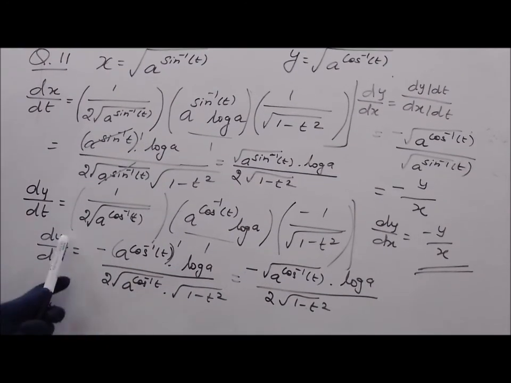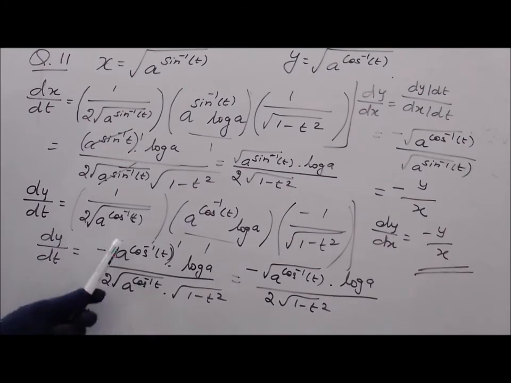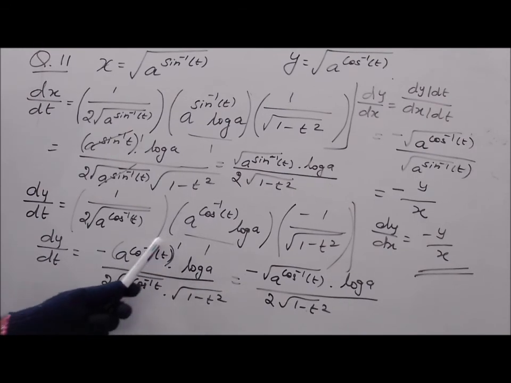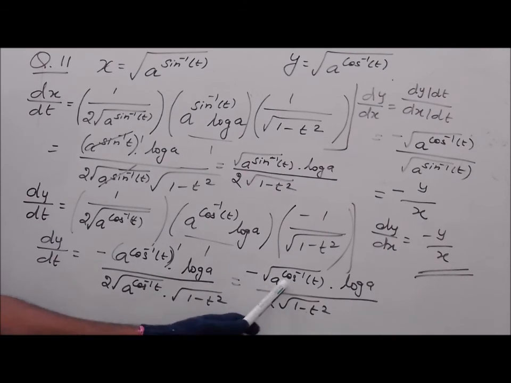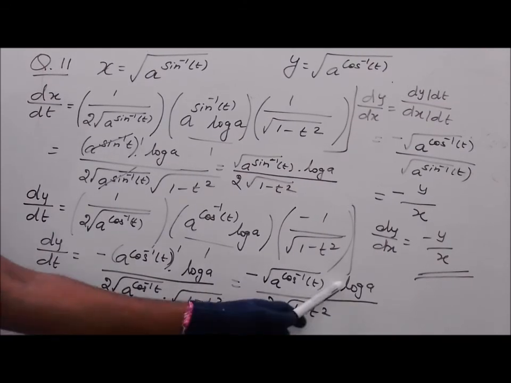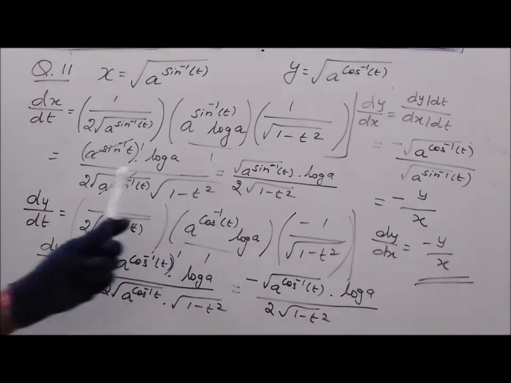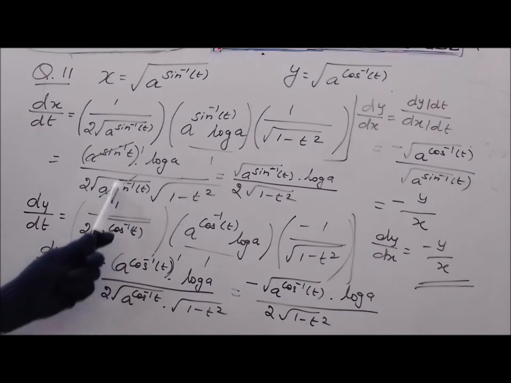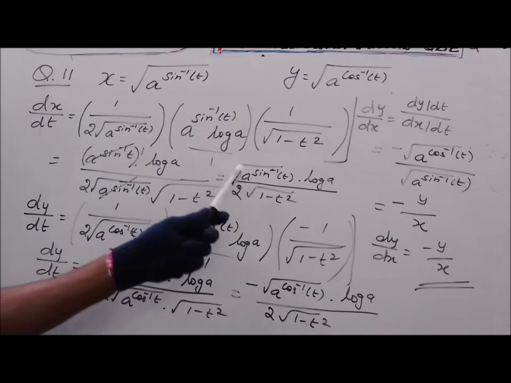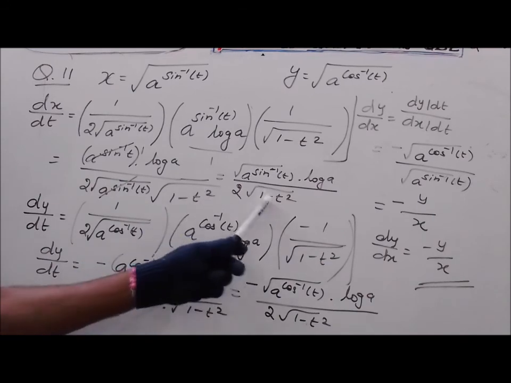Listen here, dy by dt means cancelling the root of a power cos inverse t into a power cos inverse t. It has two roots in it. Cancelling one root, remaining is one root of a power cos inverse t and log a divided by 2 into 1 root of 1 minus t square. Similar to that, here also we cancel these two. This has power 1, this has power half. When cancelled, remaining is root of a power sin inverse t into log a divided by 2 times root of 1 minus t square.